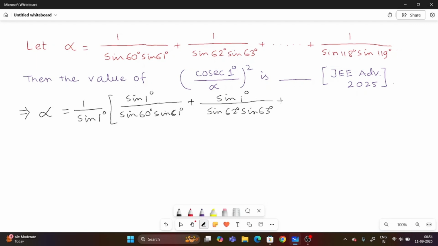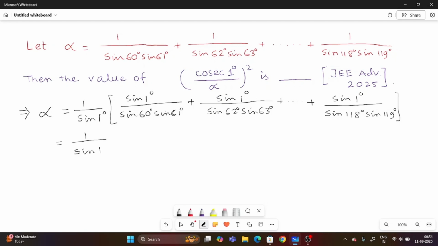Continuing in the same method, the last term becomes sin 1 degree divided by sin 118 degree into sin 119 degree. So alpha can be written as 1 by sin 1 degree.